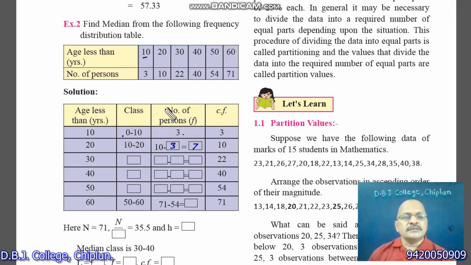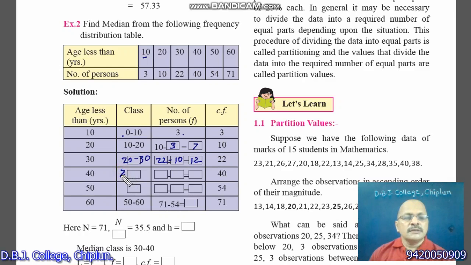Next class is 20 to 30. So 22 minus 10 is the next one. 22 minus 10 is equal to 12. 12 is the frequency of this class. Complete the table in the same way.